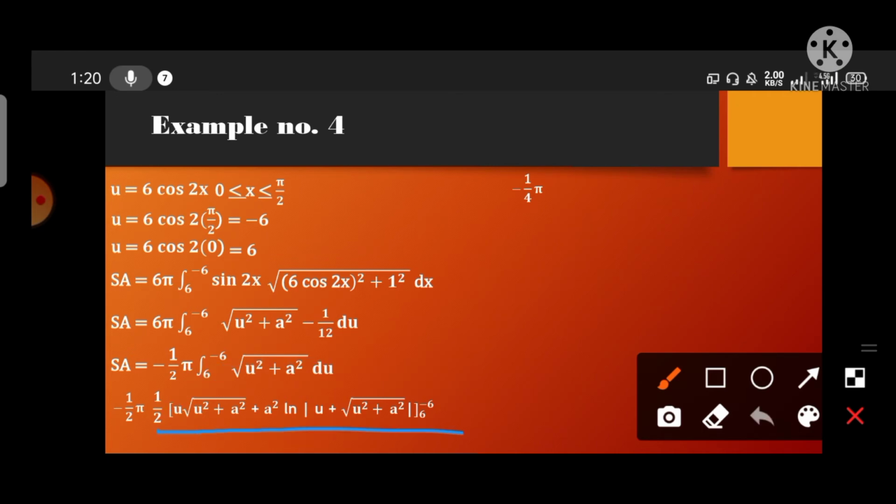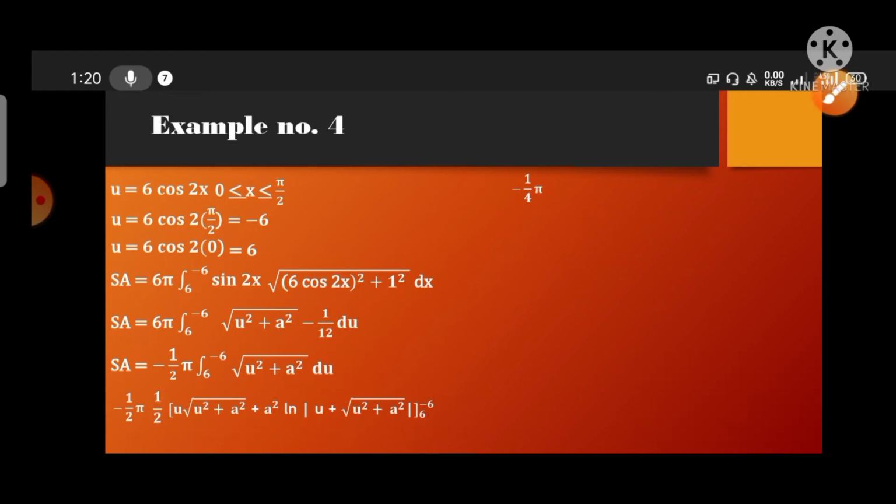We get negative 1 half pi times 1 half times u square root of u squared plus a squared, plus a squared times ln absolute value of u plus square root of u squared plus a squared, integration from 6 to negative 6.